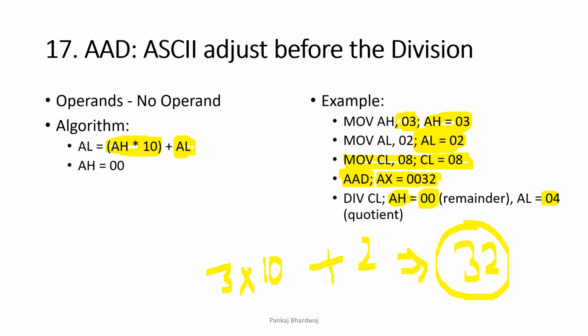This 32 is not exactly the hexadecimal number, it is basically a BCD number. 32 divided by 8, then only the answer will be 4, otherwise it's not. So this AAD command changes it in such a way that these 3 and 2 combination will be considered as a BCD number, not a hexadecimal number.